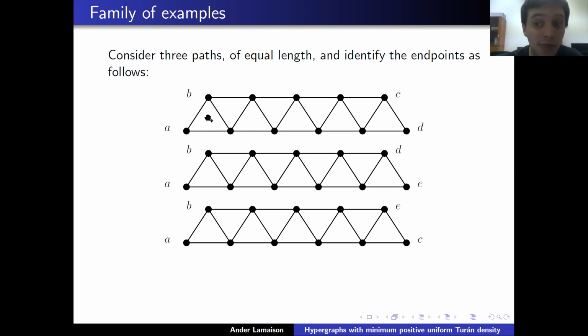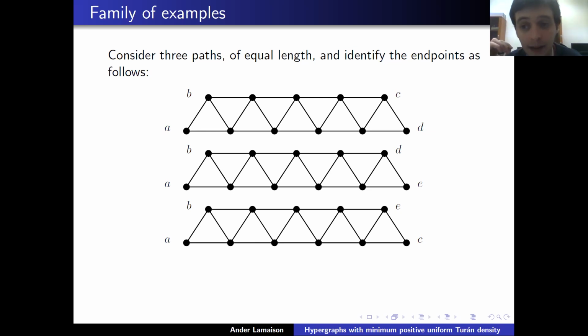Well, then the first edge of the first path also shares two vertices with the first edge in the second path. So that information also propagates along the second path. And if C is less than D, it will tell us that D is less than E. And propagating along the third path, it will tell us that vertex E is less than vertex C, and that creates a contradiction.